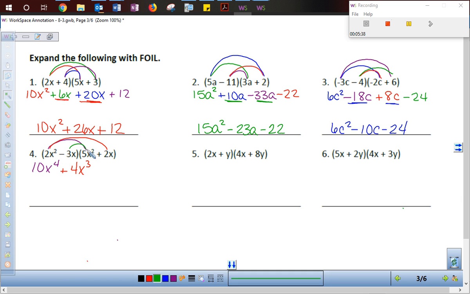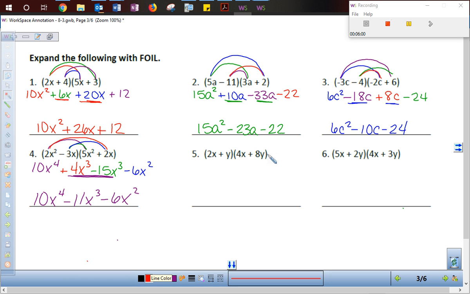Inside gives me negative 3x times 5x squared, and that is negative 15x cubed. And last gives me negative 3x times 2x, which is negative 6x squared. Combine our like terms in the middle, and I get 10x to the fourth minus 11x to the third minus 6x squared.